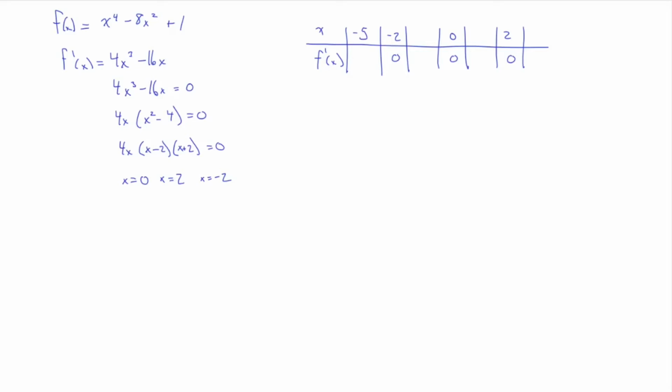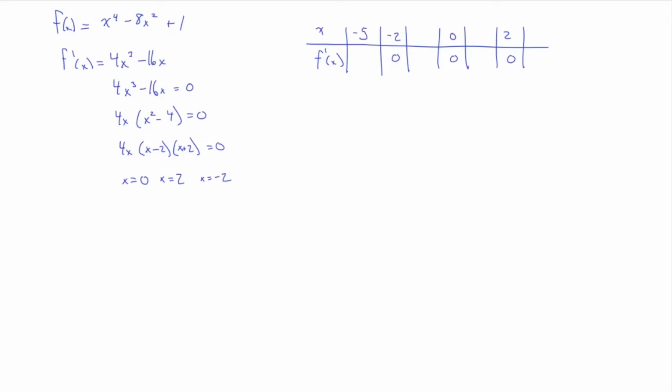I'm interested in the derivative at negative 5, but in particular, I'm interested in whether the derivative is positive or negative at negative 5. And the key here is that the derivative itself is a continuous function.